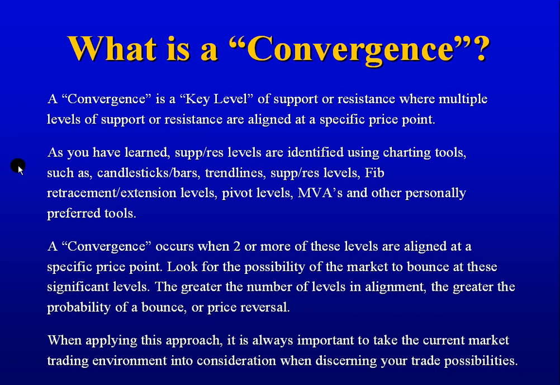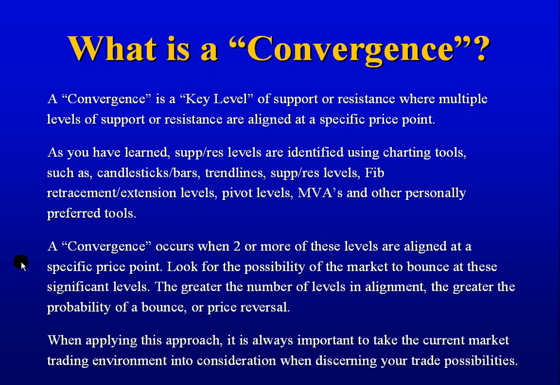As you've learned, support and resistance levels are identified by using our charting tools, candlesticks, trend lines, support, resistance, fibs, pivots, etc., moving averages, and other personally preferred tools. But a convergence occurs when 2 or more of these levels are in alignment at a specific price point in a specific currency cross.